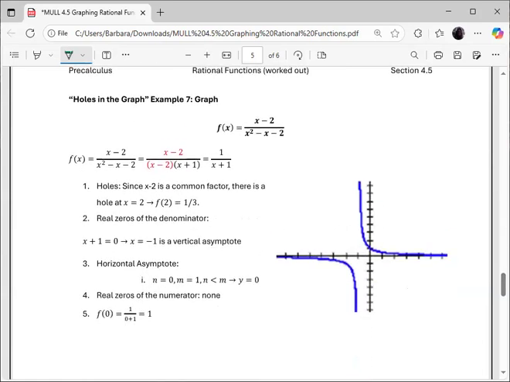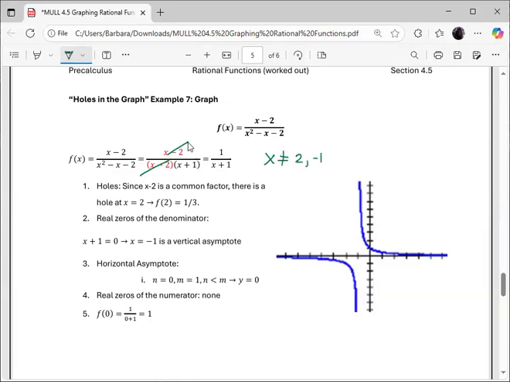Now, in the next example, we have a hole in the graph for this one. So we're going to go ahead and factor this out, but notice that x minus 2 is a common factor. All that tells me is that x can't be 2 or -1.